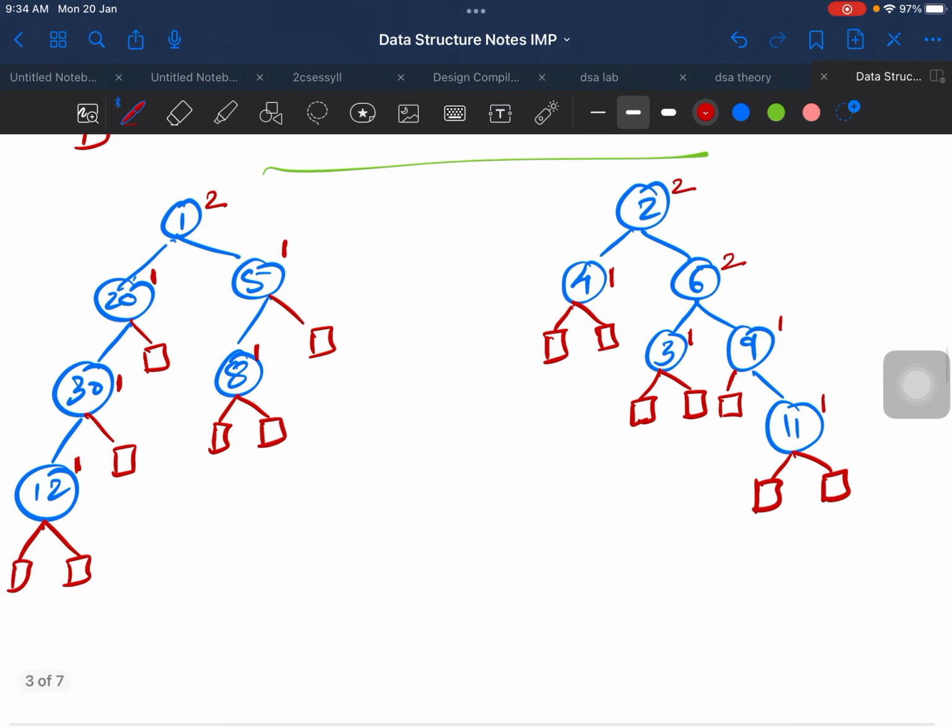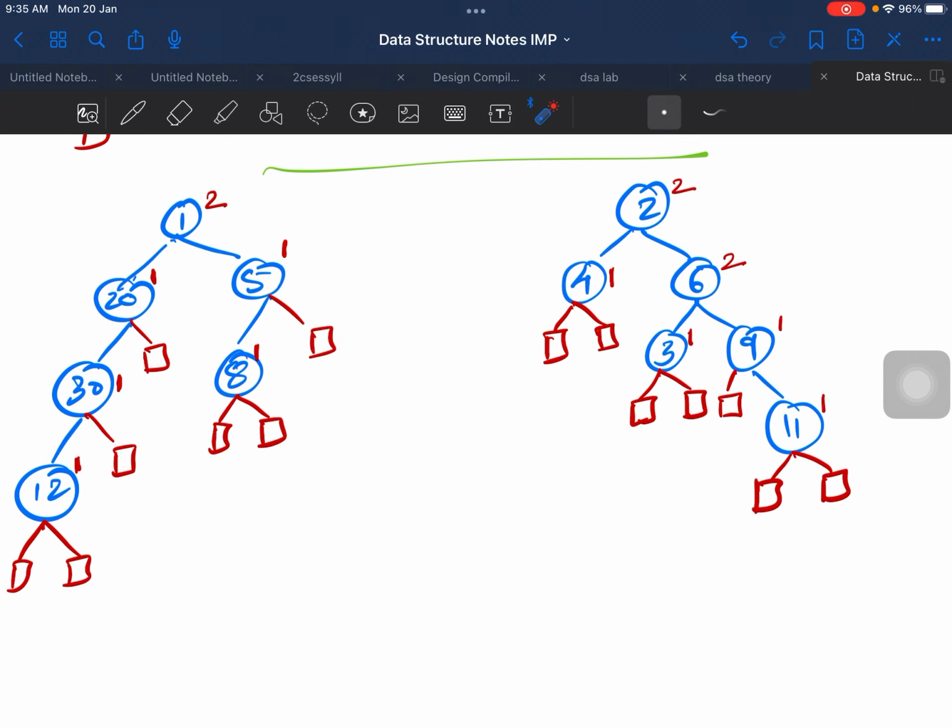Okay, so come to node number 12. 12 does not have any children, so we need not worry. Come to 30, it has one child and one external node. The external node S value is always 0. Okay, now check: S value of this left node is greater than or equal to S value of right node or not. So 1 0.